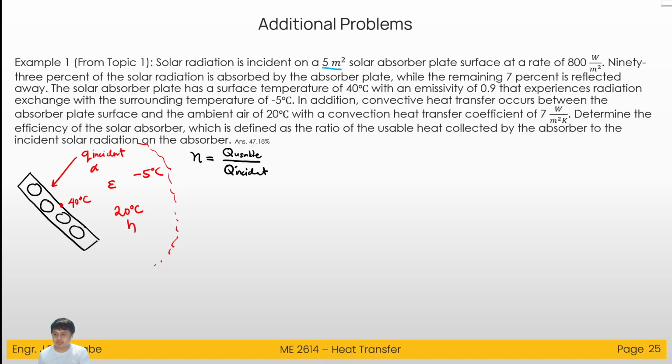But the Q usable is a little bit more complicated than that, since we have convection and radiation as well.